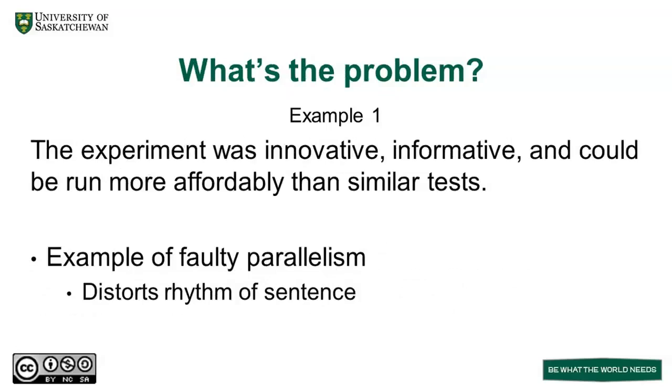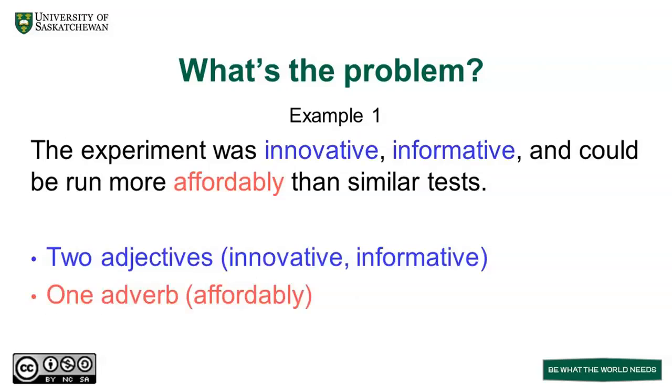So when we look at example one, this is actually an example of what's known as faulty parallelism. There's a distortion in the rhythm of the sentence based on how the information has been organized. And we're going to look at that a little bit more closely. So what we have in this example is that we have initially two adjectives.